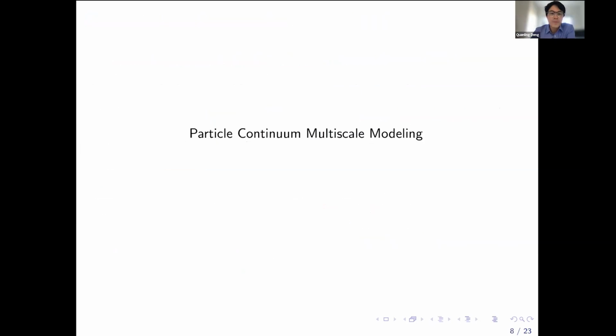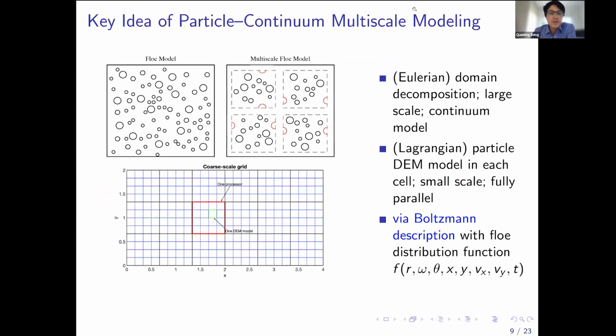And then we look into the particle continuum multiscale modeling. So the key idea is that we have a flow model, so very idealized setting. We have, say, this is some domain. We have a large number of flows sitting in the whole domain.